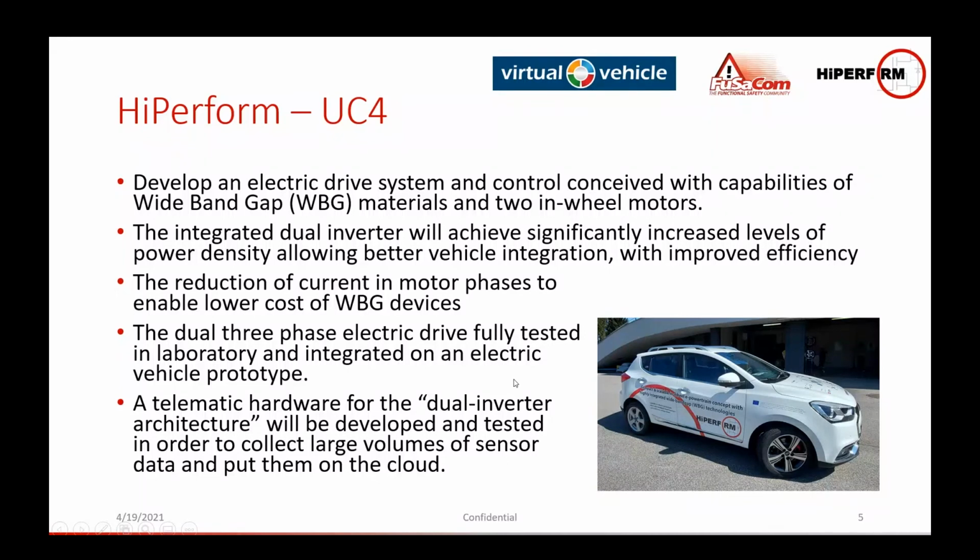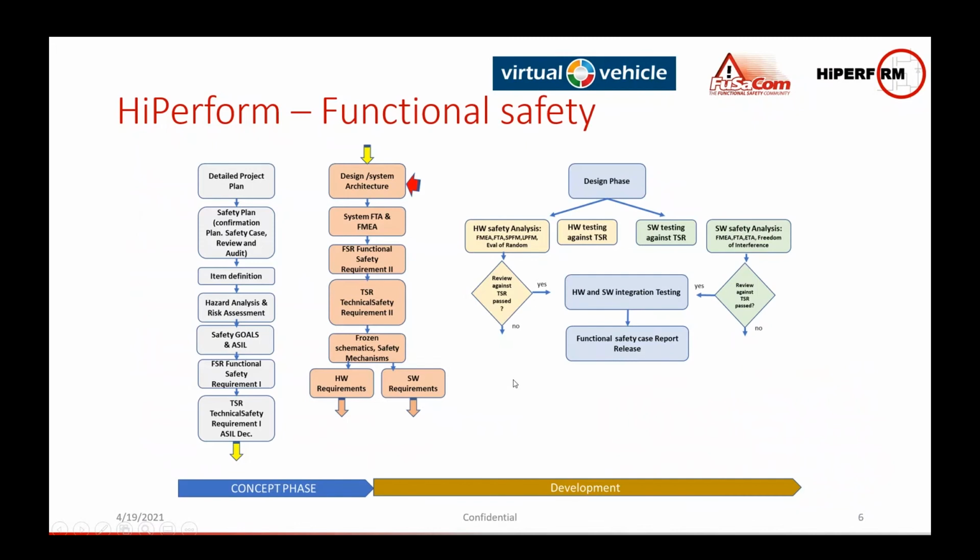Of course, our main interest here is functional safety: to cover all the activities of the product development of the vehicle, to introduce the safety activities and to have this support during all the development of the product to guarantee functional safety.